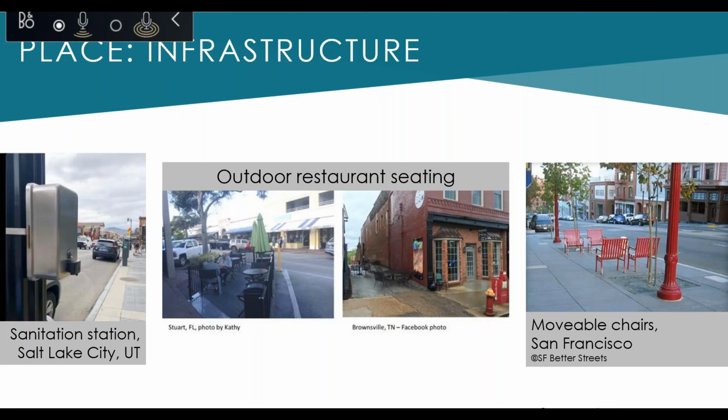Similarly, infrastructure. So, we've heard a lot about the importance of thinking about sanitation stations, hand washing stations, those kinds of infrastructure pieces that will be important for folks to feel safe downtown.